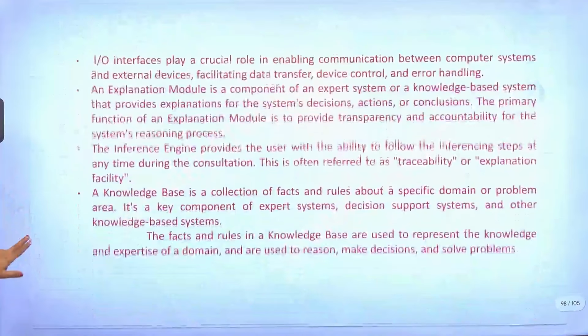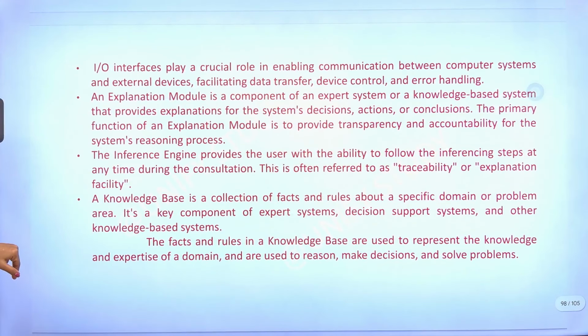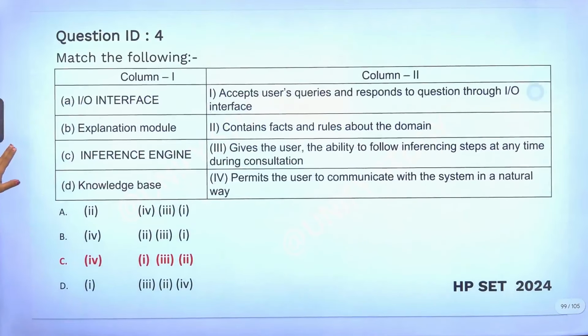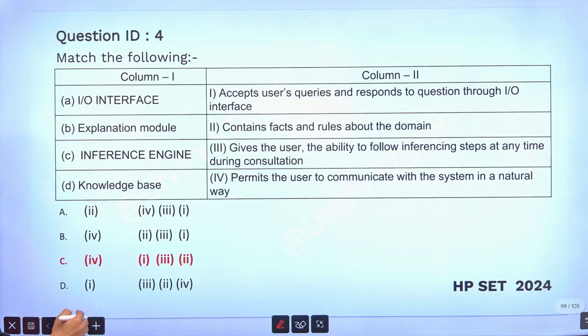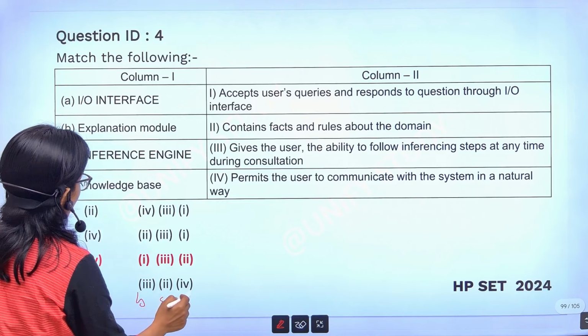Here the IO interface enables communication with the input and output devices. The explanation module in an expert system provides the explanation for the system's decisions. The inference engine provides the ability to follow the inference steps during the consultation, which gives traceability. The knowledge base is where you are storing the knowledge. So that's why your answer will be here. This is A, this is B, this is C and this is D.